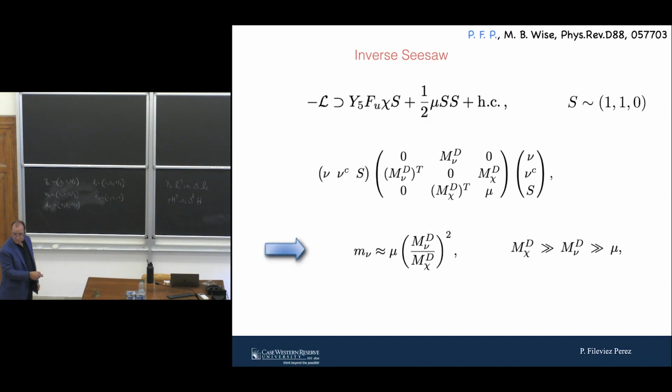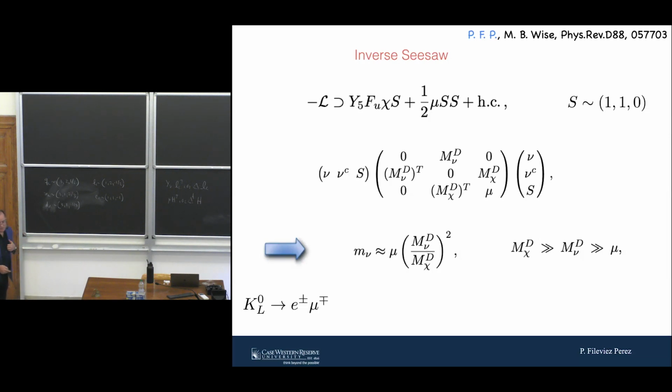If you do that, inverse seesaw allows you to have very light neutrinos, even if these mass matrices here are large. Okay? And therefore, you can actually have quartet unification at the low scale, because mu can be small, and you can explain why neutrinos are light. You can break everything at the low scale, and then dream about the fact that you can maybe test this at colliders. Okay?